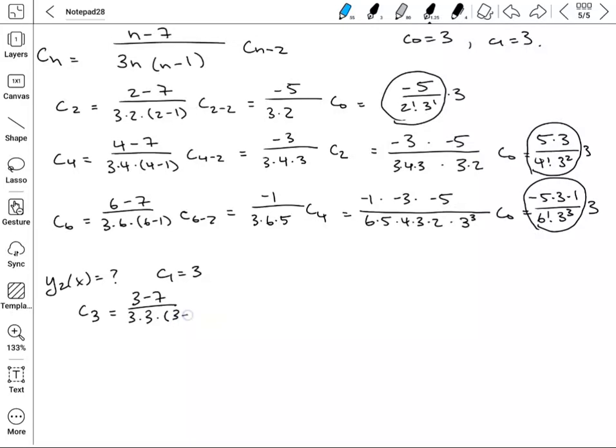Struggling with what 3 minus 1 is right now. And then I'm simplifying a little bit, but not a lot. And then C5, we plug in n equals 5, and C7, we're going to plug in 7.